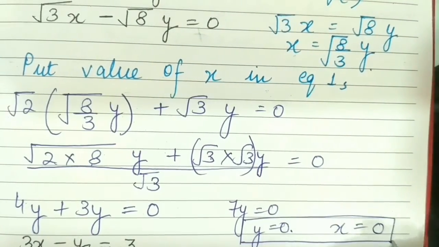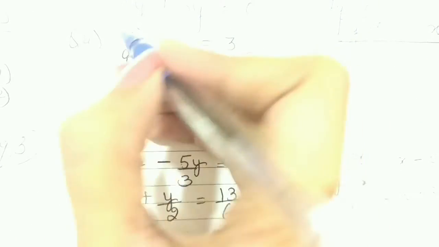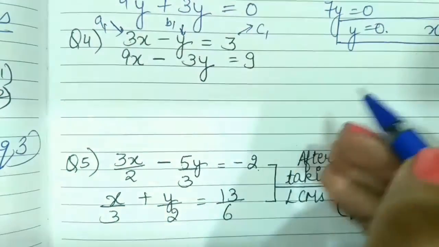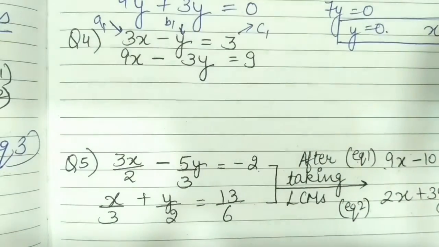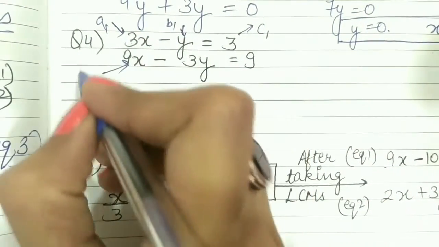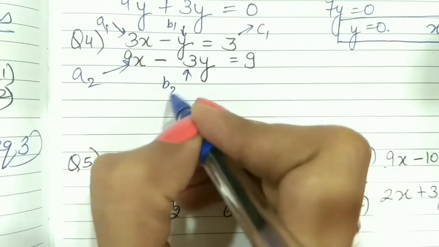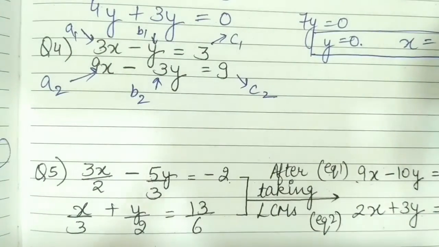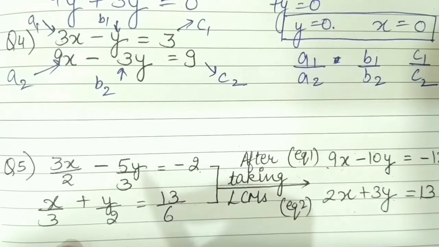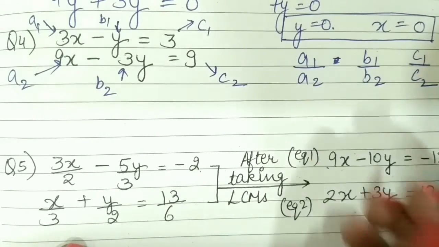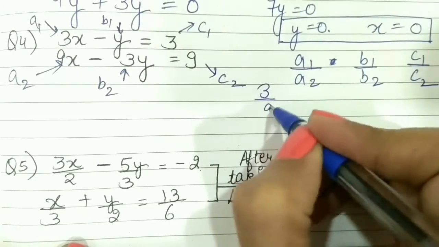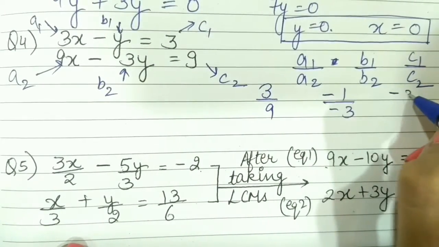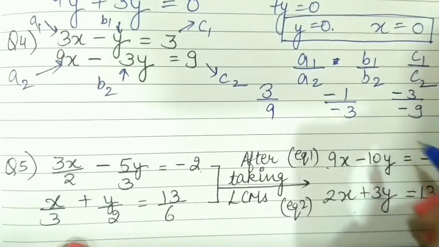So the solution of this is, see, this is our a1, b1 and c1, and this will be our a2, b2 and c2. If we put the values of a1, a2, b1, b2 and c1, c2, we are going to get 3 upon 9, minus 1 upon minus 3, and minus 3 upon minus 9.